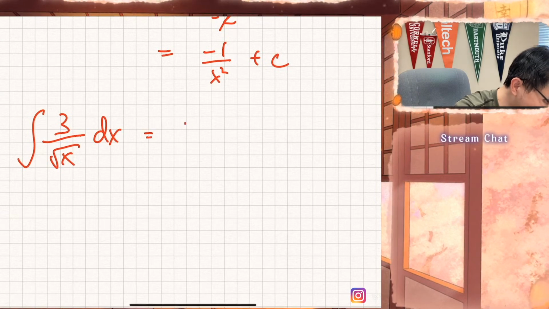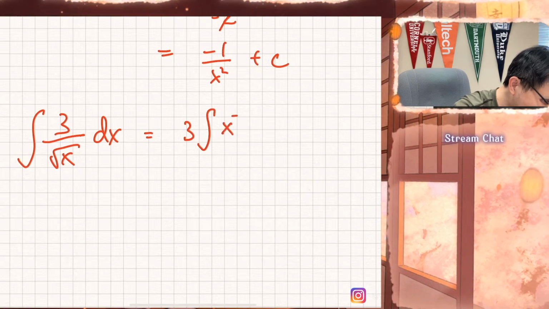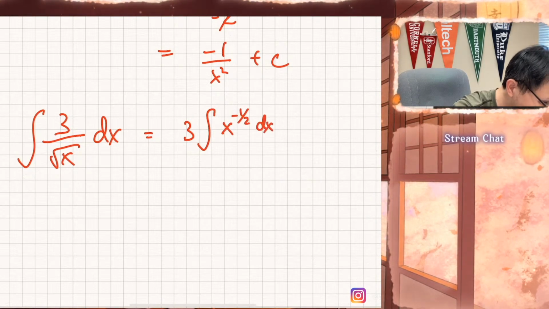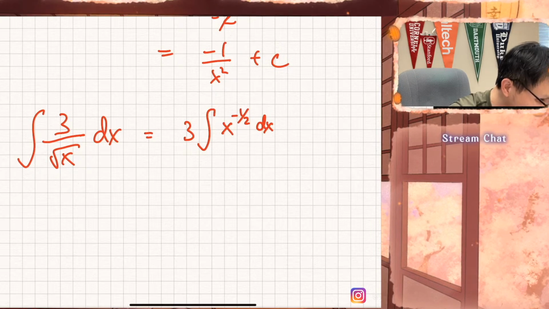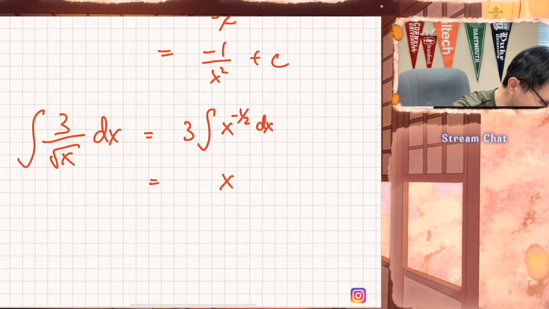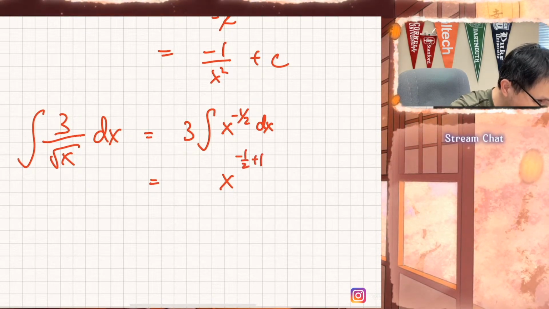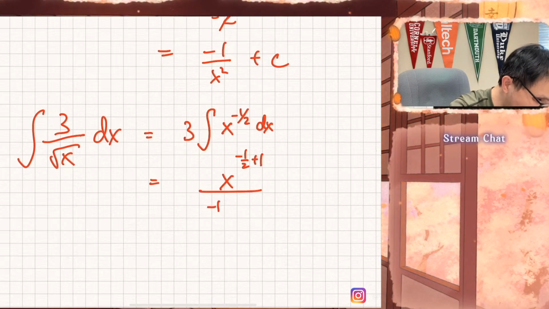So remember, this is 3, right? We can take it outside, 3 times x to the negative 1/2 dx. I left it in and did the whole thing. Okay, more power to you if you know how to do it. So negative 1/2 plus 1 over negative 1/2 plus 1.